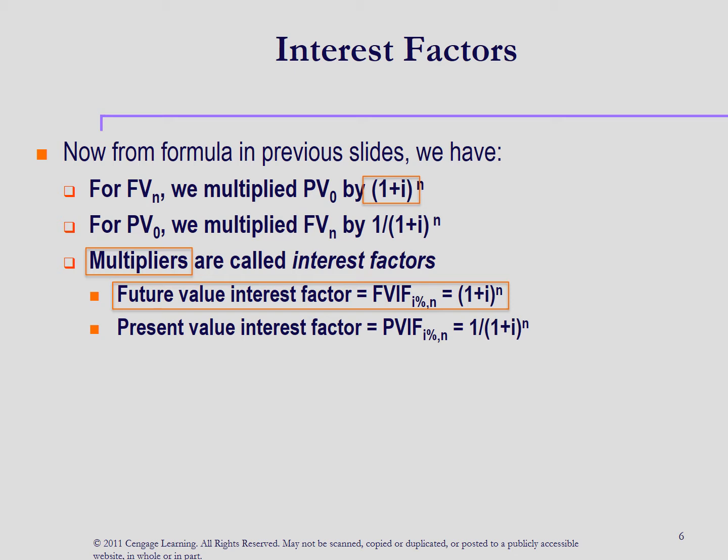We multiplied the future value at the end of period n by the multiplier 1 divided by 1 plus interest rate raised to power n to obtain the present value today. So we call this multiplier the present value interest factor.